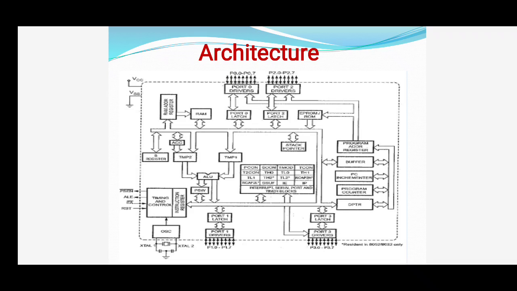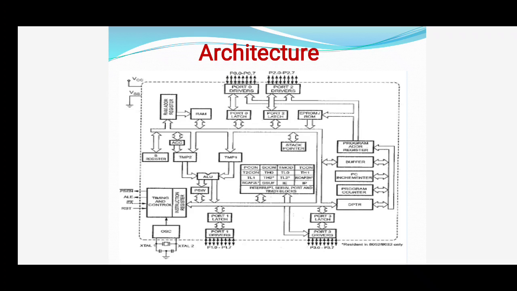Then we have ROM, or read-only memory, where the program is stored, and similar to RAM, it gets its address from the program address register, so that the program can be executed from a particular ROM location. The contents of this program address register are updated by the program counter, which is a 16-bit register.